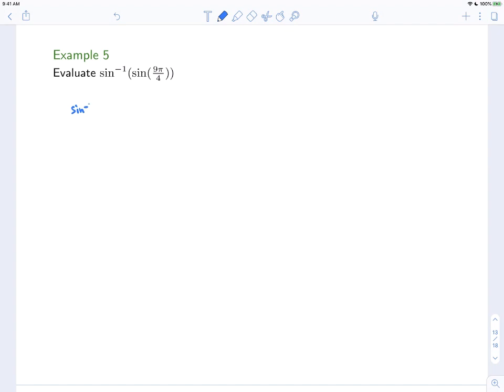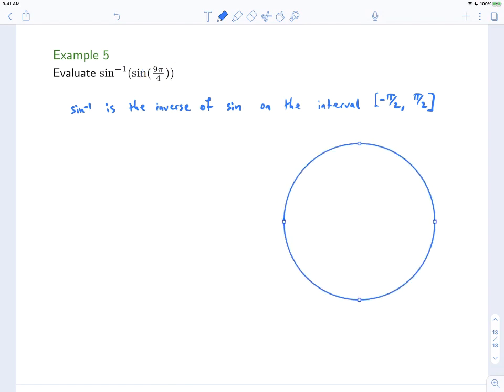So sine inverse is the inverse of sine on the restricted interval minus pi over 2 to positive pi over 2. And this angle is outside of that interval. So let's remind ourselves what it is by drawing a unit circle. That one's a little bit bigger than before, but I guess that's okay.